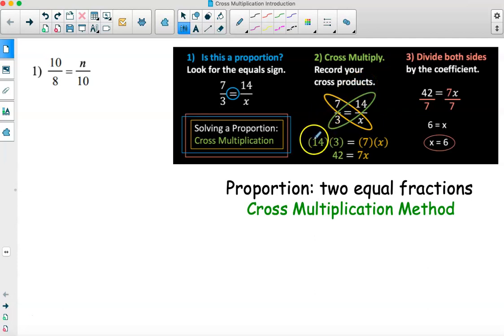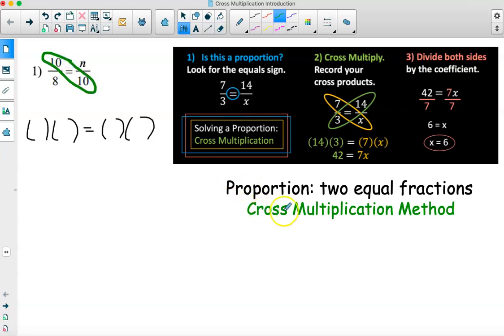So I'm going to begin by drawing the parentheses like you see in this picture. So I need a set on the left and I need a set on the right. So two sets of parentheses on each side. Then what we're going to do is we're going to multiply across.